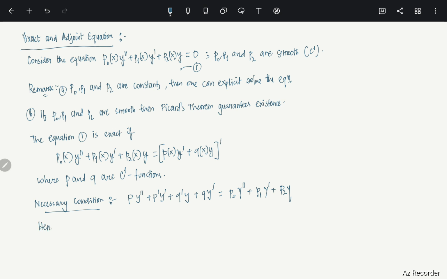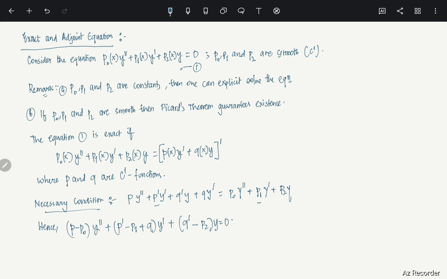Hence one has that, if you look at this equation properly, it is p minus p naught y double prime plus p prime minus p1 y prime plus q y prime plus q prime minus p2 y equals 0.